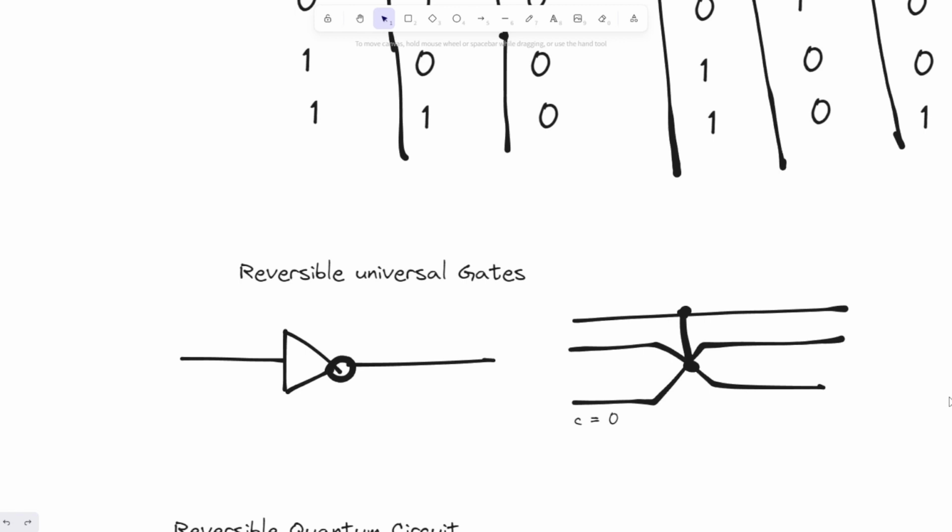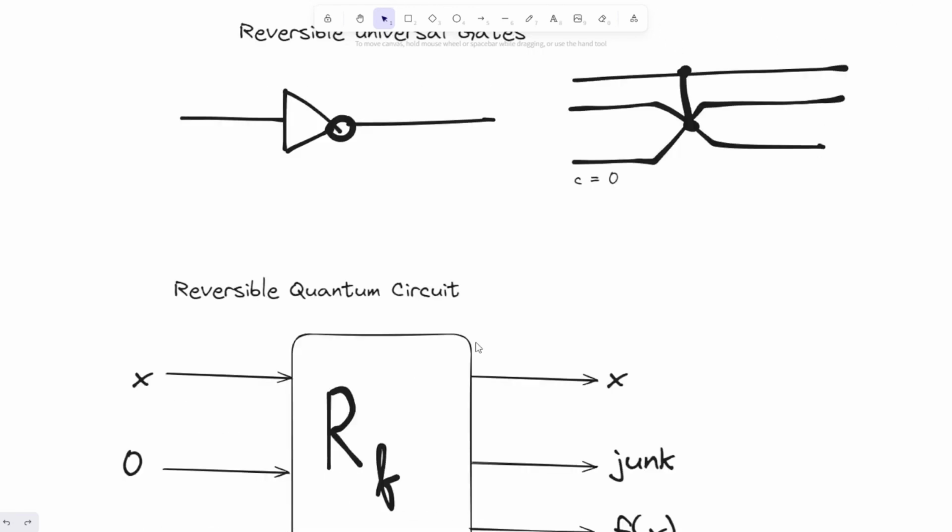The benefit here is that since C swap is reversible and the NOT gate is reversible, whatever gate we make using these two will also be reversible in nature, and hence it can be used in quantum mechanics to construct quantum circuits.